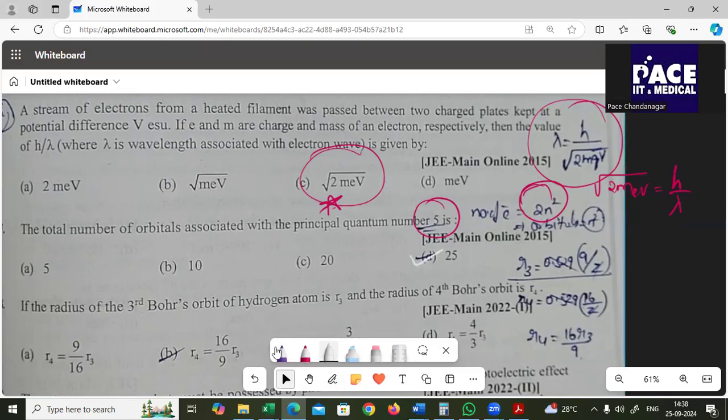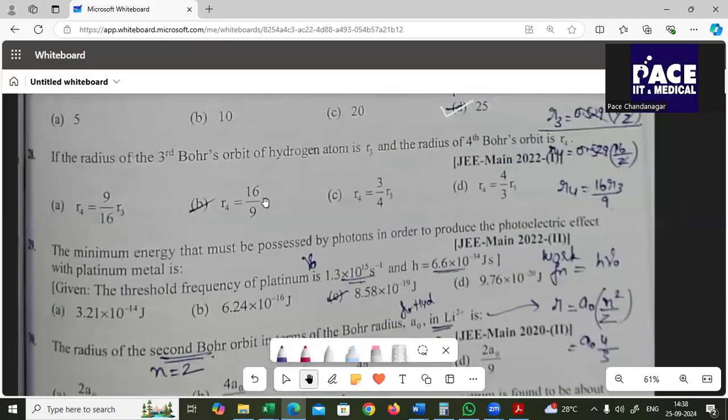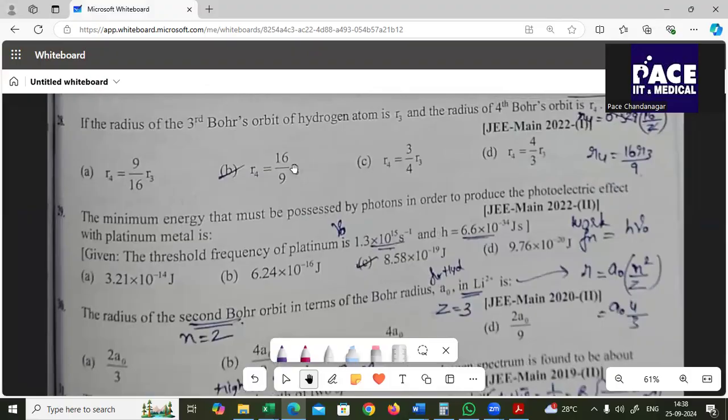Next, the radius of the third Bohr's orbit of hydrogen atom is R3 and the radius of the fourth orbit is R4. So just do R3 by R4. That's it. You would get your answer there. What is R3 by R4?